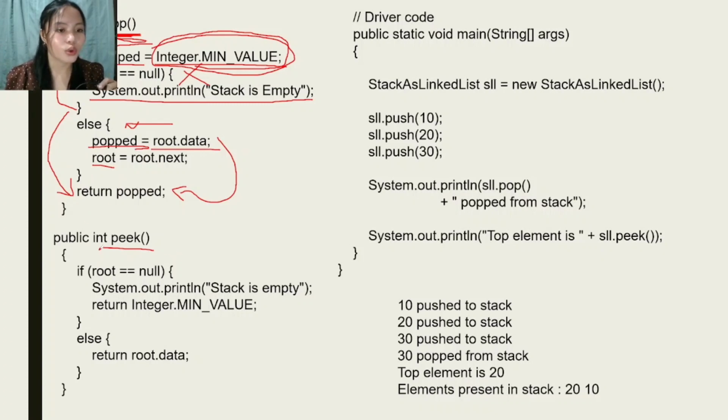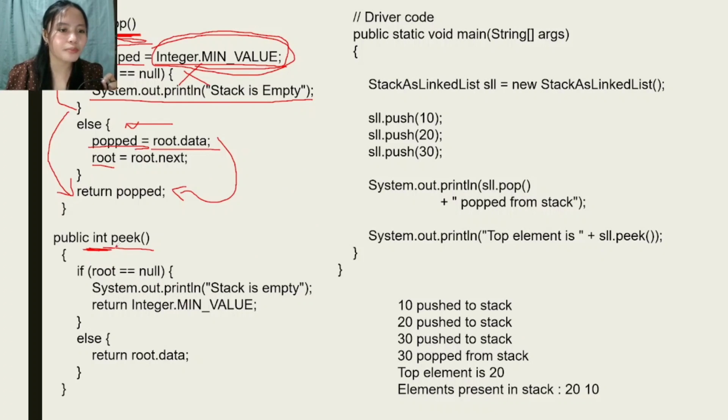It's an integer type, of course, because it will return an integer. The values or the elements of our stack are all integers, because what we're pushing are integers. So our top is an integer.